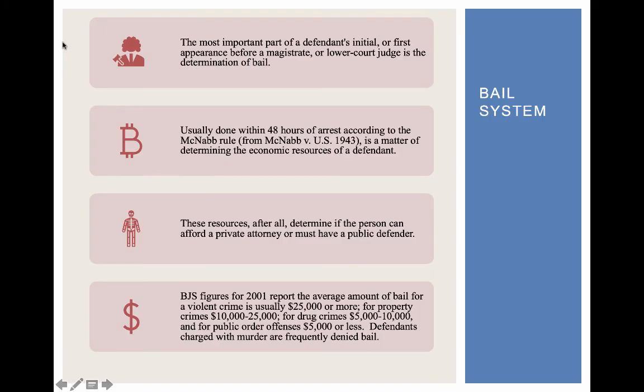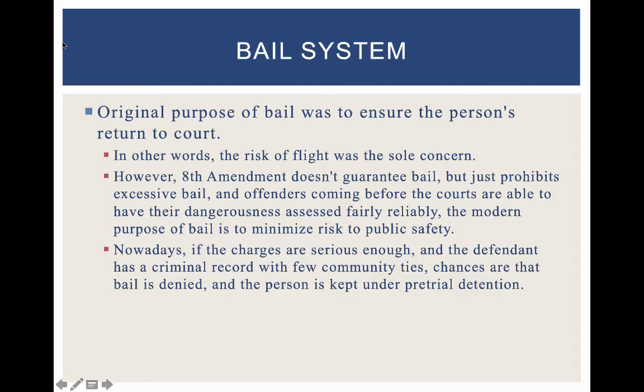All right, so the bail system. This is another important part of court that you want to make sure you know about. It's usually done within 48 hours, according to the McNabb rule of an arrest. And as I kind of covered earlier, the resources of a person on whether or not they can afford an attorney is important.